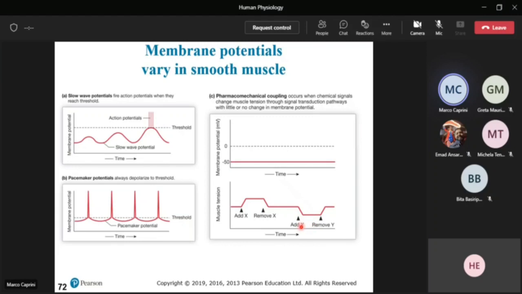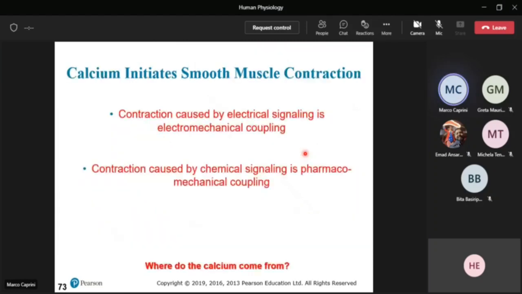Now, the point that calcium initiates the smooth muscle contraction is clear.